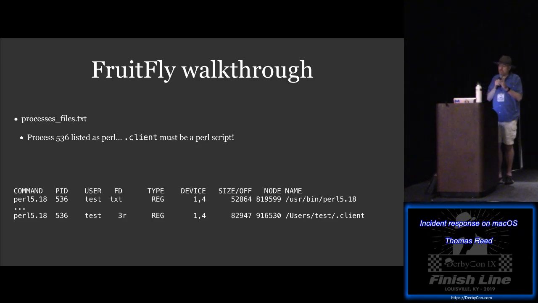And if you actually were able to collect that .client file and take a look at it, you'd find it is a Perl script with a data section at the end, and in that data section there's a Mach-O binary, there's another Perl script, and there's a Java class. And these are all extracted by the script and executed.